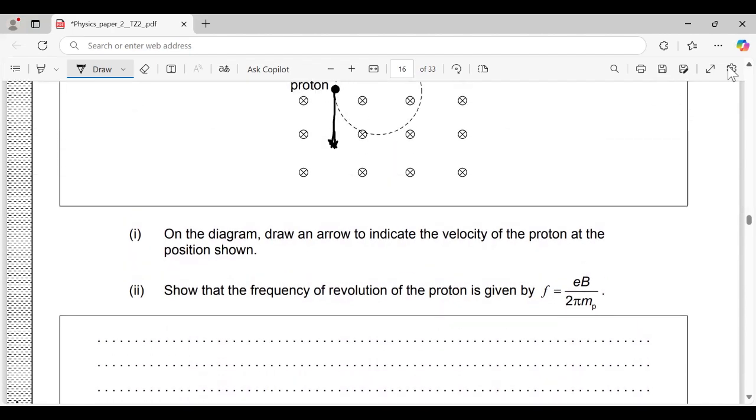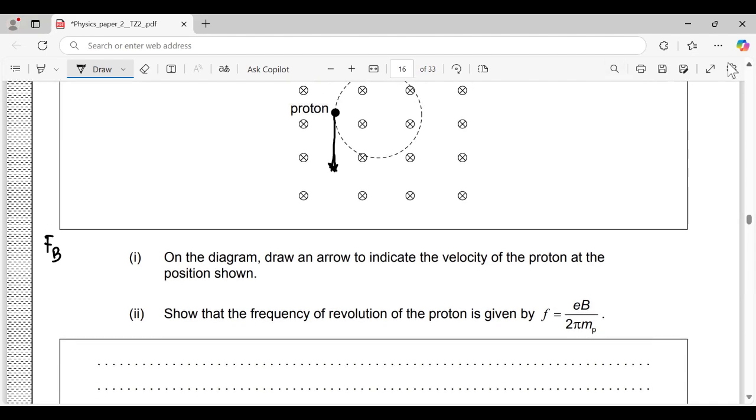I would like to use the magnetic force first, FB, on the proton.